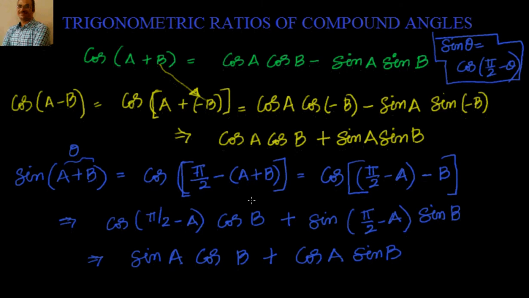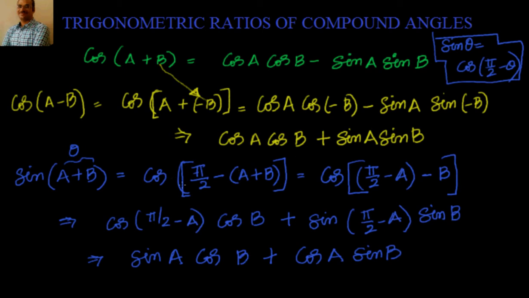What we have done to find out sine of a plus b? We know only the formula in terms of cos. So we have converted sine into cos. We have made a plus b equal to theta. Now we have written sine theta equal to cos pi by 2 minus theta, which is correct, because we know that theta and pi by 2 minus theta are complementary angles in a right angle triangle.